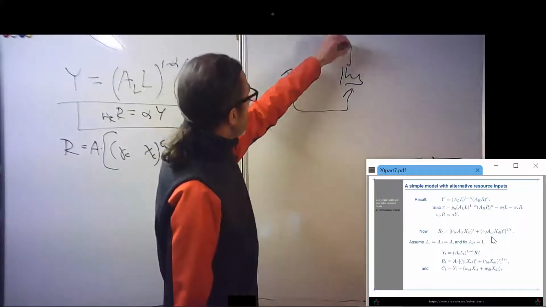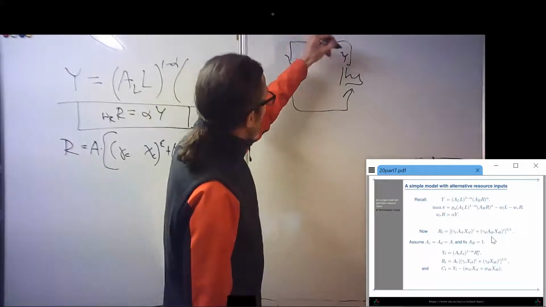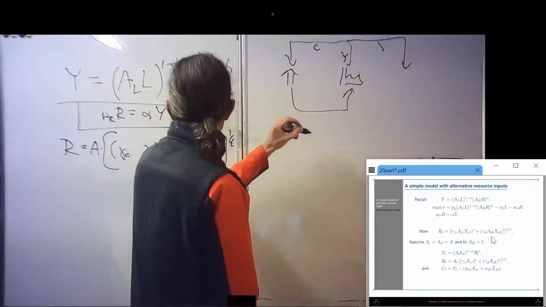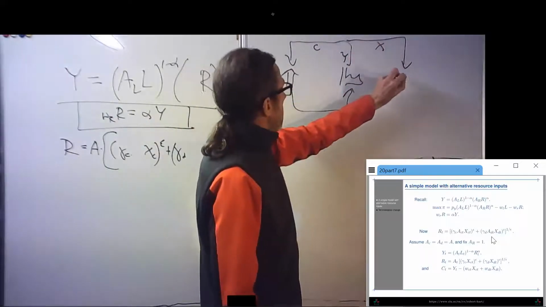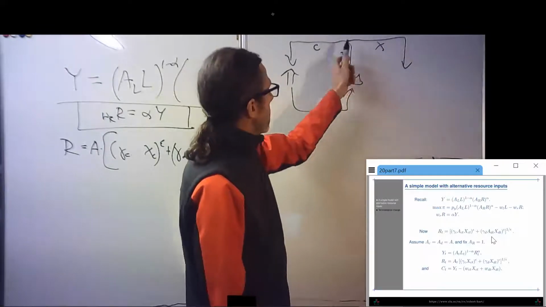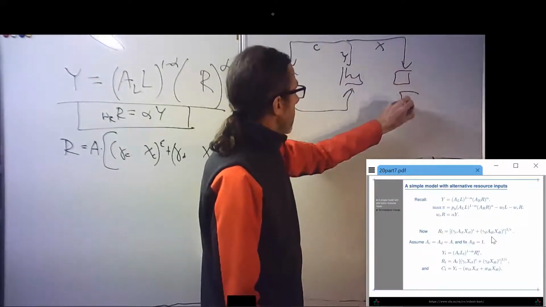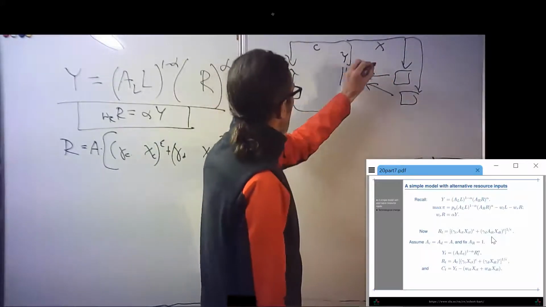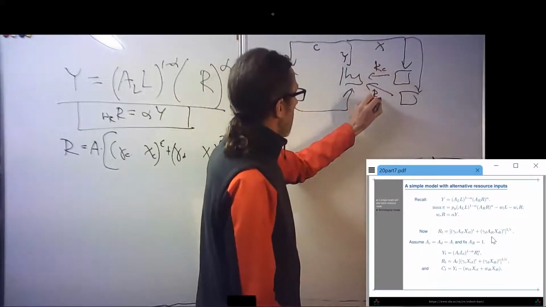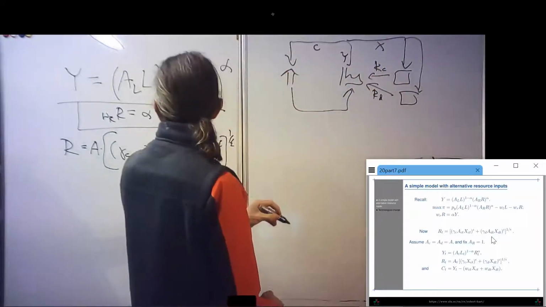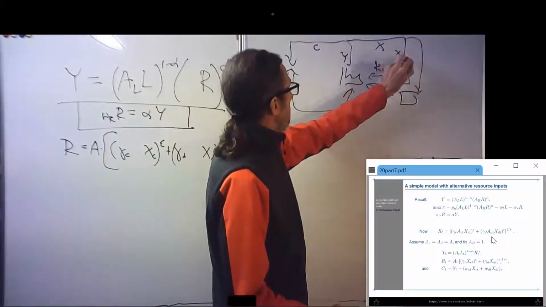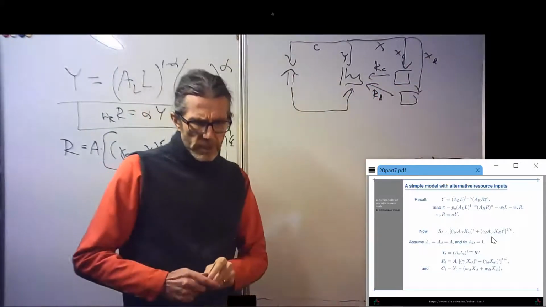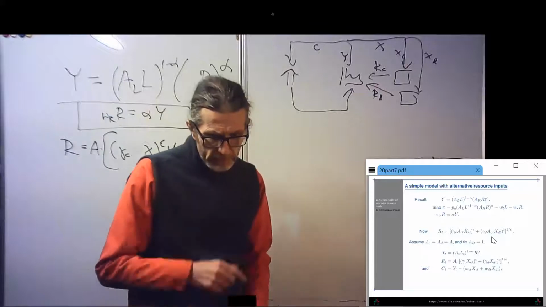We've got labor coming in here, Y coming out here, consumption here, and the inputs are X, or some of what we produce goes to these two sectors, providing the inputs RC and RD. So this would be like XC, XD. That would be the general equilibrium picture, right? I think that should be straightforward. I think I've got that right.